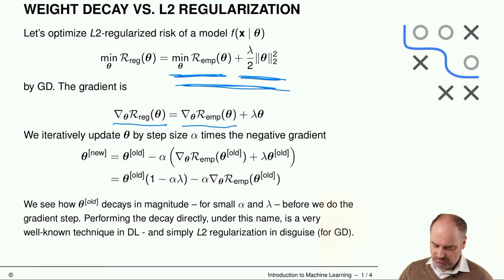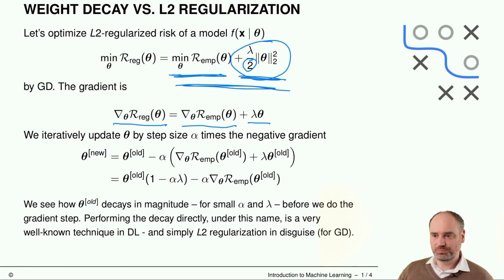So I'll just write nabla of Rm. But this thing here, I can easily compute the gradient of, right? So the gradient of that thing is simply going to be lambda times theta. You can also see where I've put the 2 here, so that this nicely cancels out and the resulting formula is a little bit simpler.